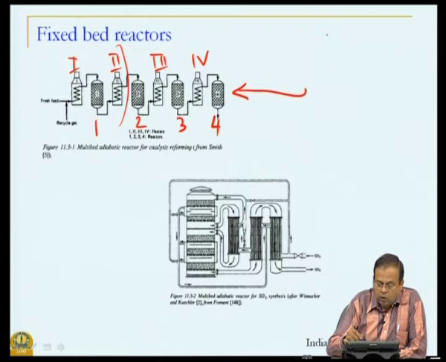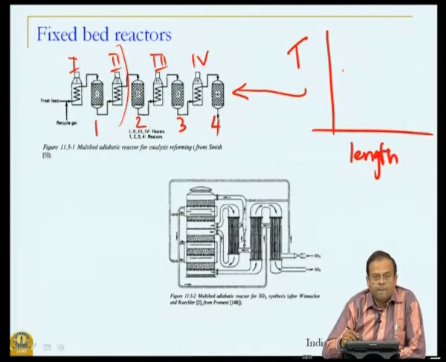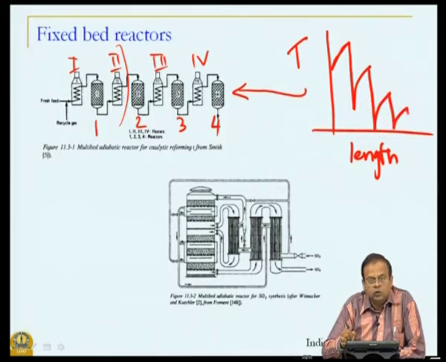So, what would I have got now? If you look at temperature against the length of the reactor, I started with some high temperature, that temperature went up because of adiabatic operation, then I had a cooler, so temperature came down, again went up, again came down, again went up, came down, and so on.